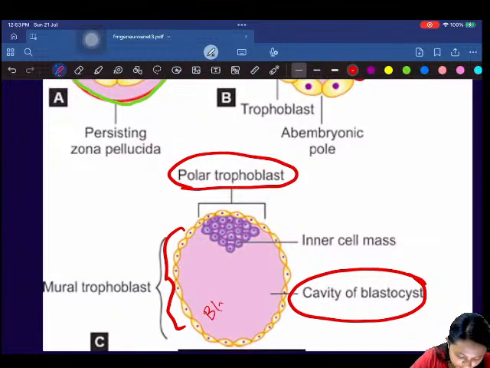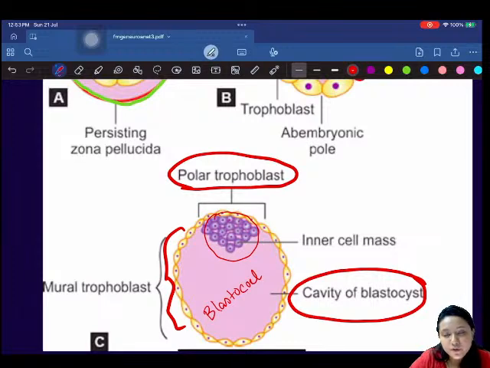Then you have one side aggregation of cells known as the inner cell mass, and the outer cell mass, that is the trophoblast. The trophoblast is ultimately going to give rise to the cytotrophoblast and syncytiotrophoblast, and they take part in the formation of your placenta, right?